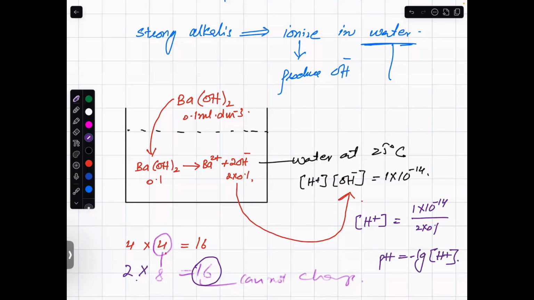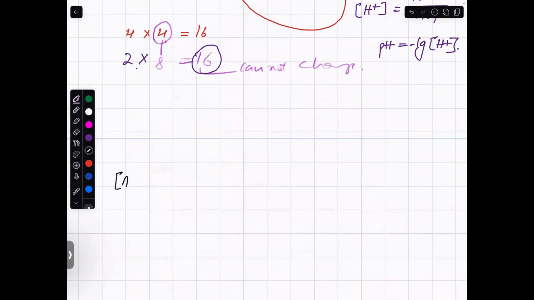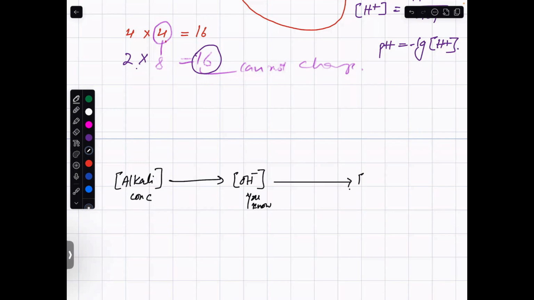Right? So if you put alkali in water, and you know the alkali's concentration, it produces OH in that solution. When you know OH, how will you find H plus?